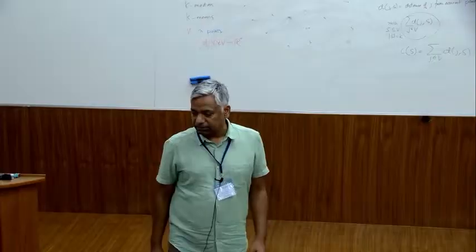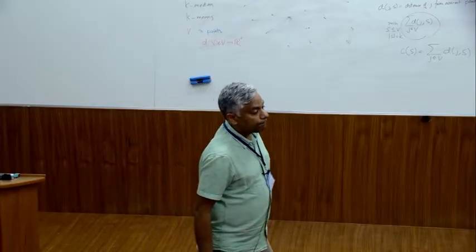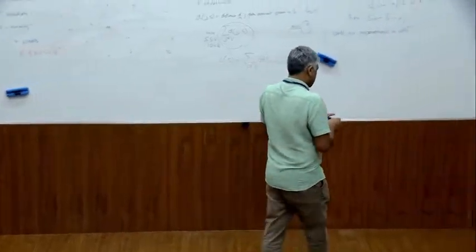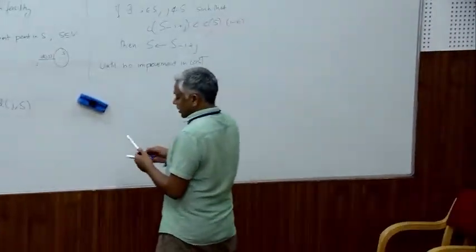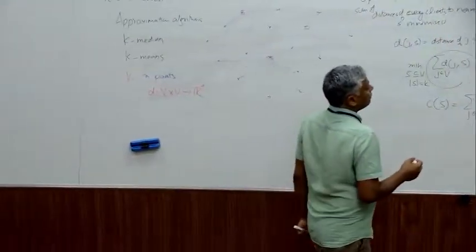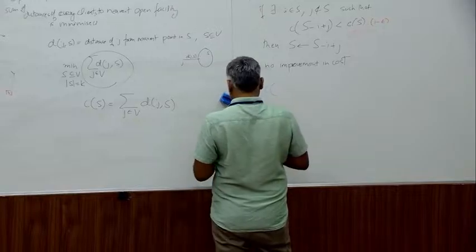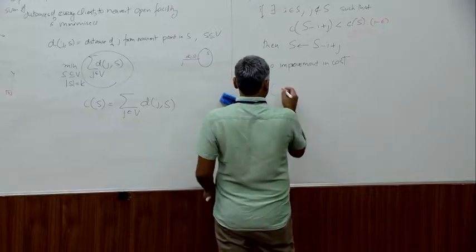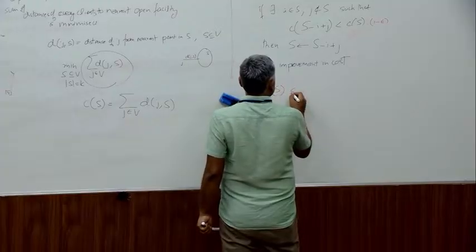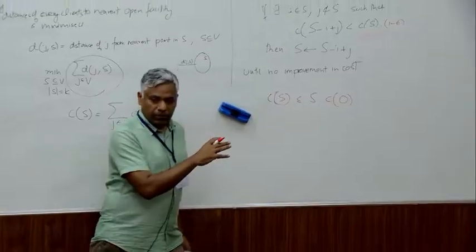So, just confirming, the final approximation I get, will it depend on epsilon? Yes, to the following extent. I'm going to show that this algorithm is a 5 approximation. So cost of S is less than or equal to 5 times cost of O. I'm going to reserve O for the optimum solution.